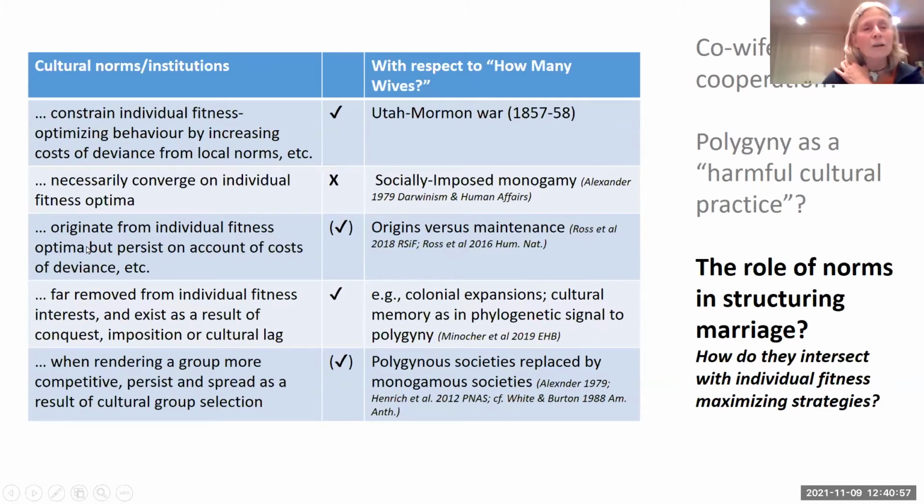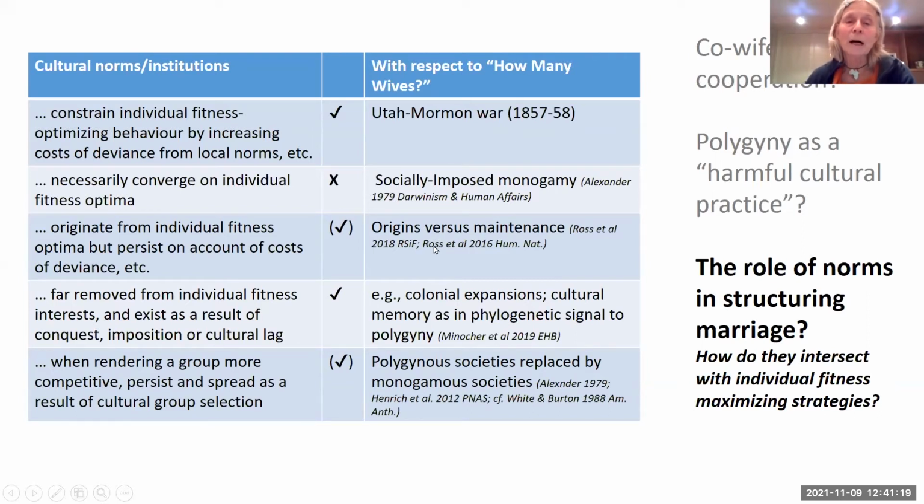A more moderate position is that norms and cultural institutions might originate from individual fitness optima, but persist on account of costs of deviance, etc., as I was talking about up here. And this is obviously the position that I was arguing for from our Polygyny Paradox work.